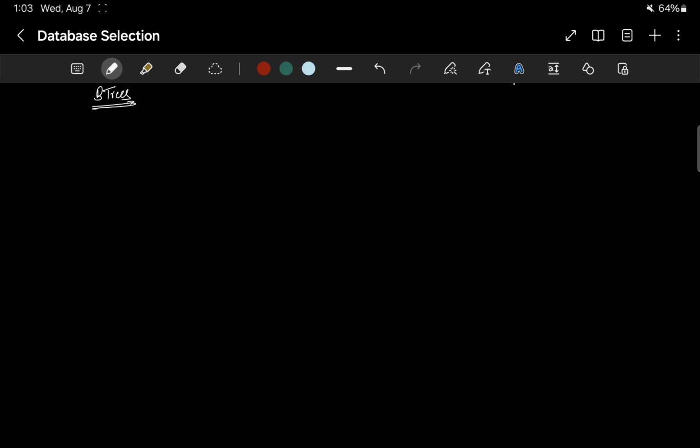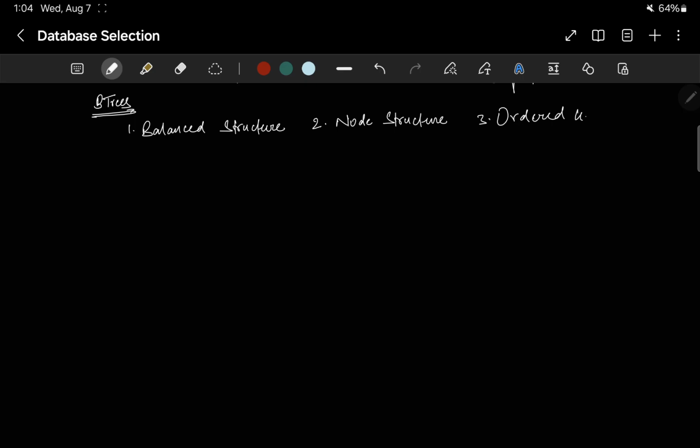Okay, so the characteristics of B trees are balanced structure, node structure, ordered keys and self-balancing.